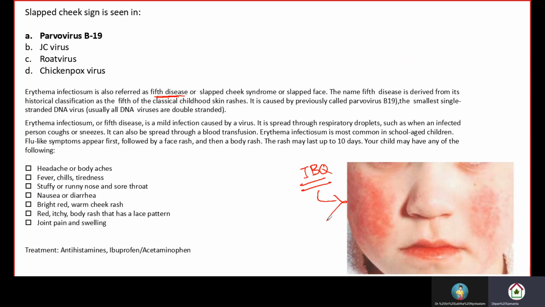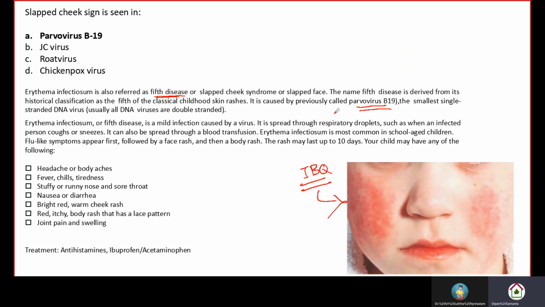It is also referred to as fifth disease or slapped cheek syndrome or slapped face. The name fifth disease is derived from its historical classification as the fifth of the classical childhood skin rashes. It is caused by parvovirus B19, the smallest single stranded ssDNA virus.